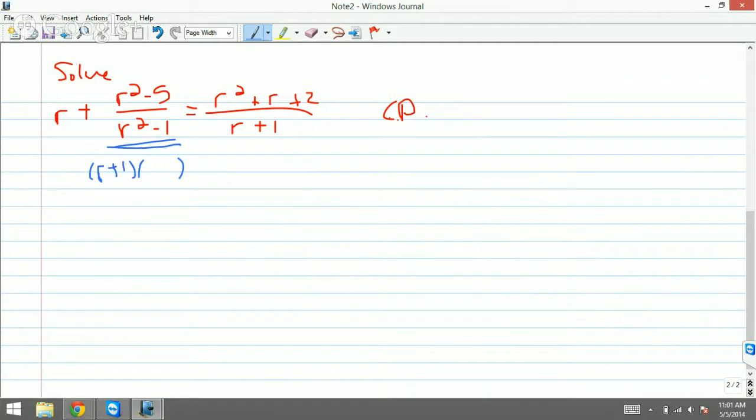R plus 1, R minus 1. That's the difference of two squares. And then this denominator is R minus 1, right? What does each denominator have in it? R minus 1 and R plus 1.